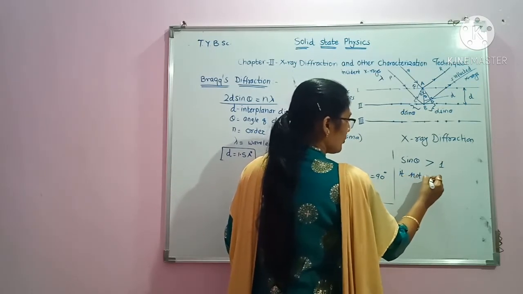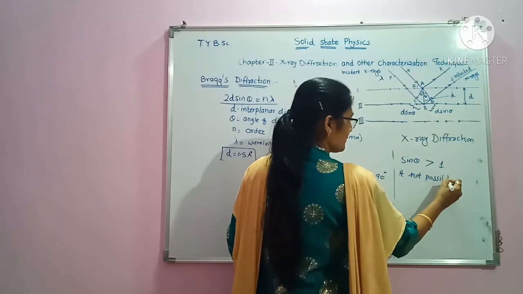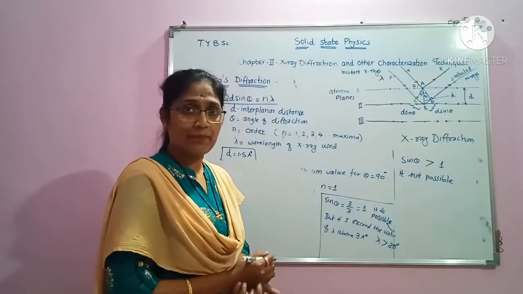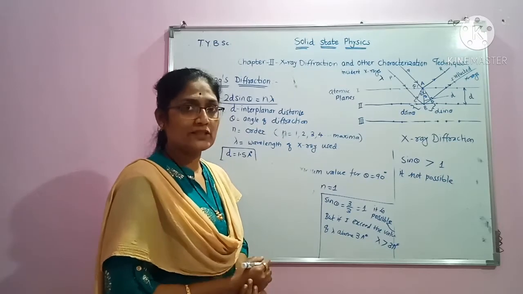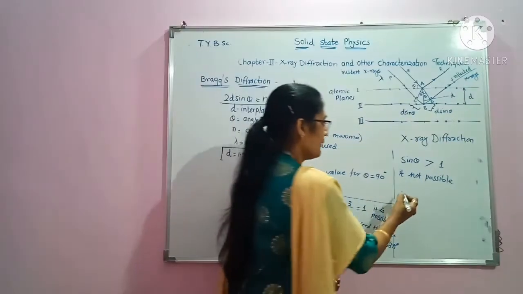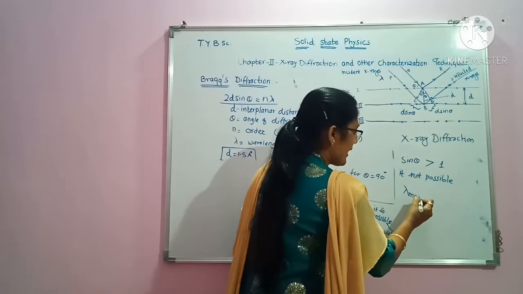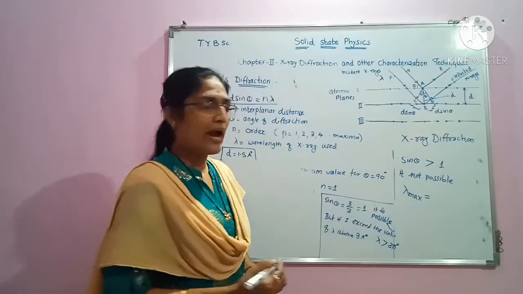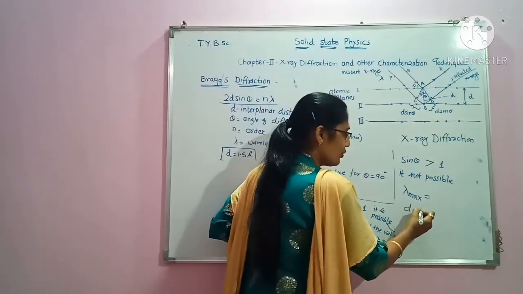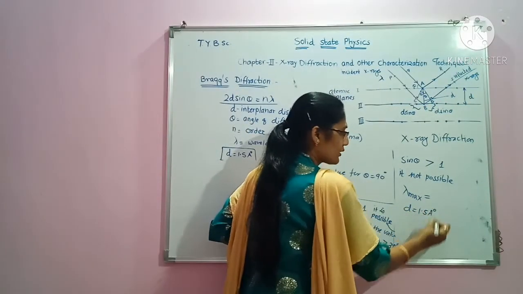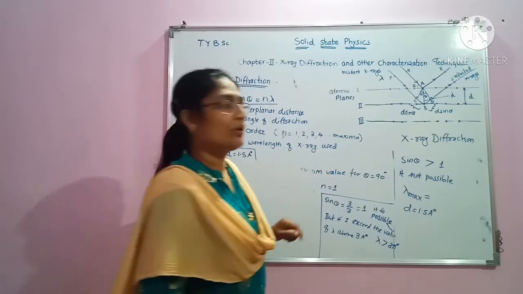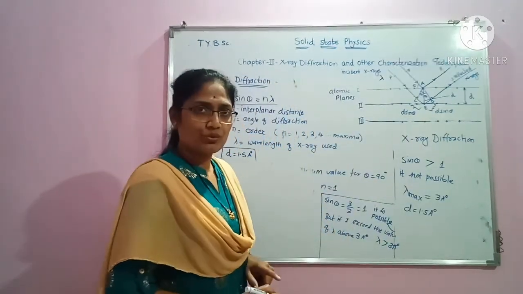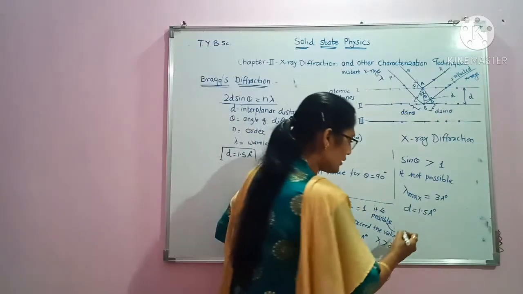It is not possible. And hence there is a limit on the value of lambda, and it is called the maximum lambda possible, and it is called lambda max. And in this example, where we have considered the d value as 1.5 angstrom, the lambda value comes out as 3 angstrom. So one should not exceed the lambda value.